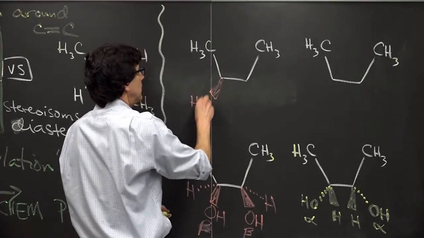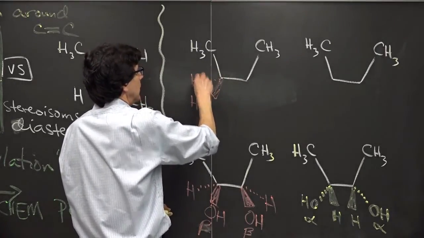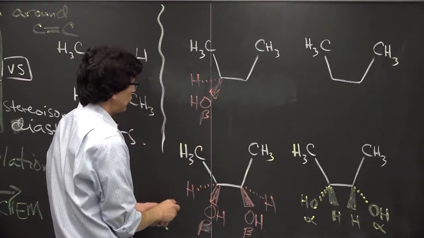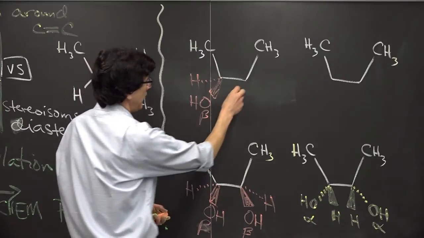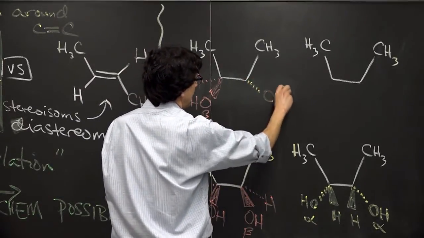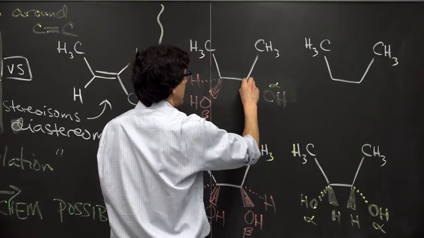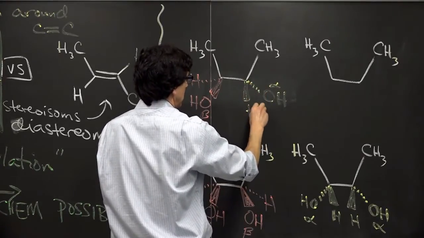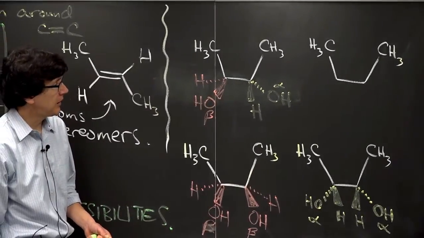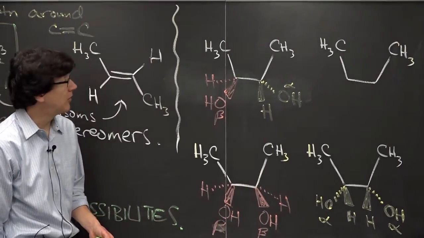So there we go. There. That would be a beta OH. And then at the other carbon, the OH would come from the back. So that would be an alpha OH, and the hydrogen would be here. And then there's one other possibility, which would be the other way around.